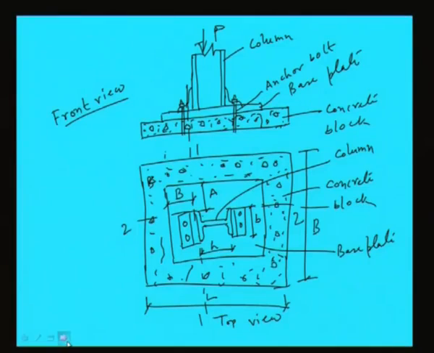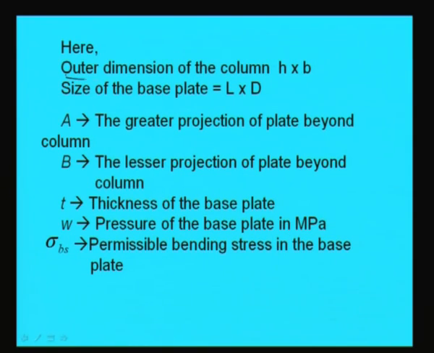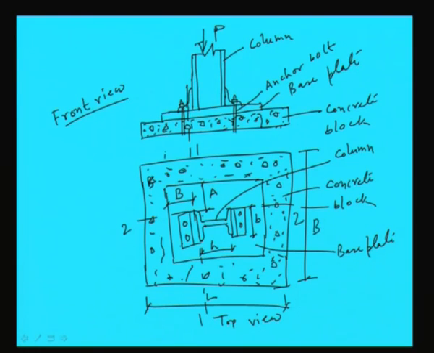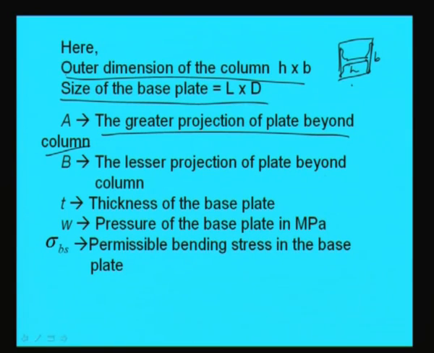That means first let us assume some parameters, like the outer dimension of the column, as we told, H and B, means if this is B and this is H, so the outer dimension of the column will be H by B, and the size of the base plate let us consider as L by D, right, and the greater projection of the plate beyond the column let us denote as A, this one, and this position we are denoting as B, the lesser projection of the plate beyond the column, right, and T is the thickness of the base plate and W is the pressure on the base plate in MPa, and sigma Bs is the permissible bending stress in the base plate.